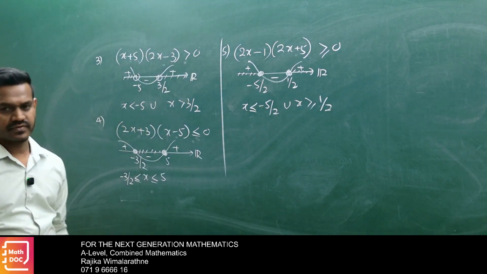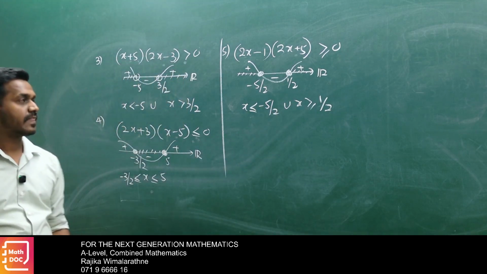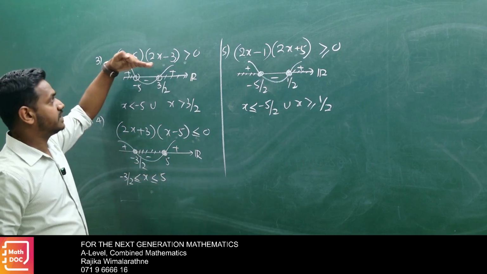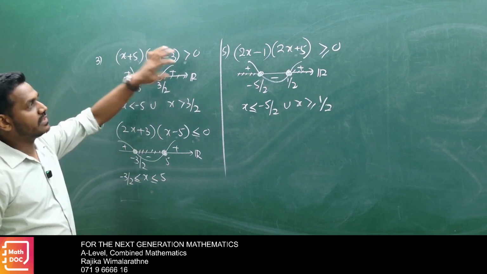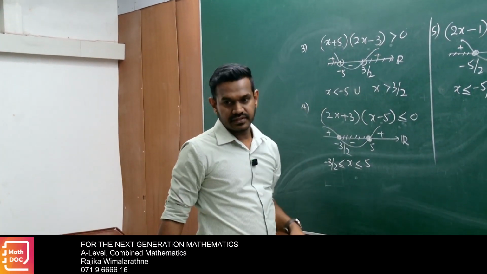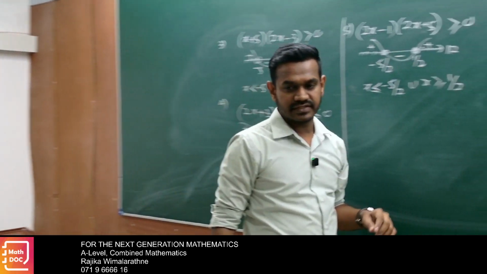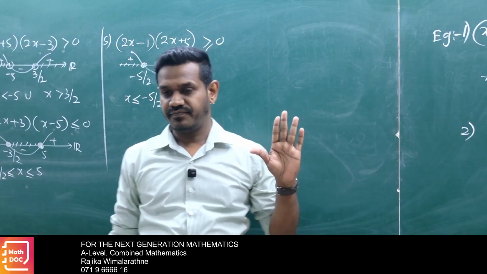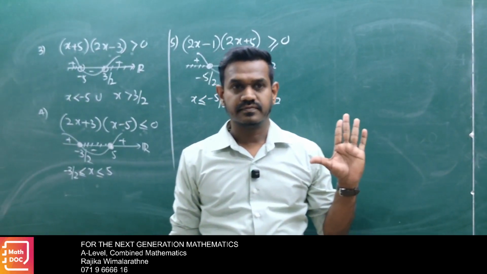Likewise, you can do, no? At the beginning, you have to convert to factor format: all terms on one side, leading term positive, and factorize. So that must happen there. Otherwise, we can't say. Otherwise, we can evaluate. Complete them.